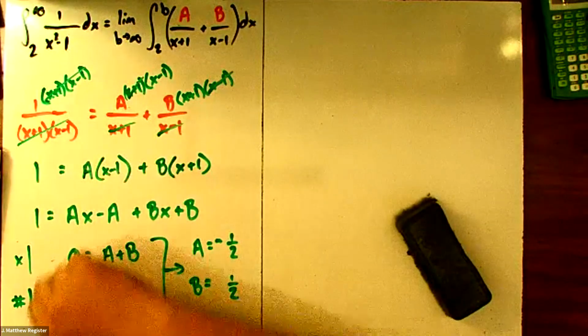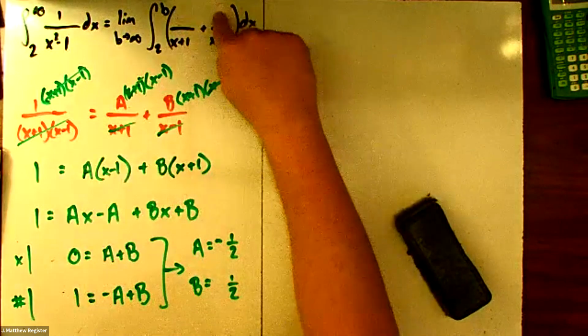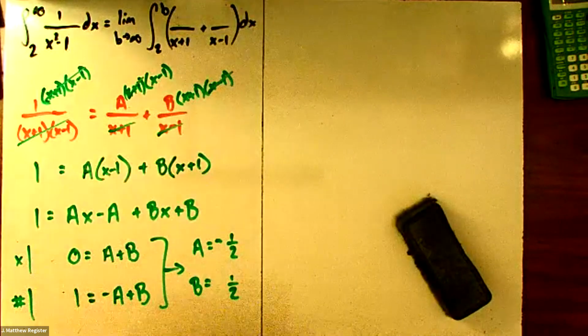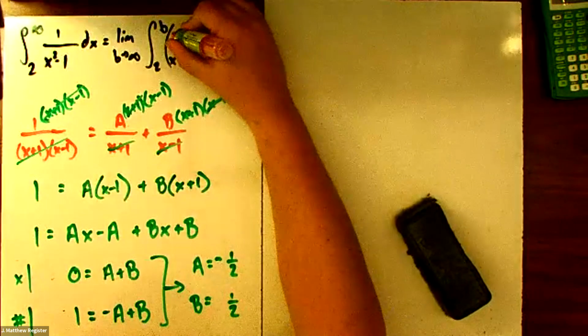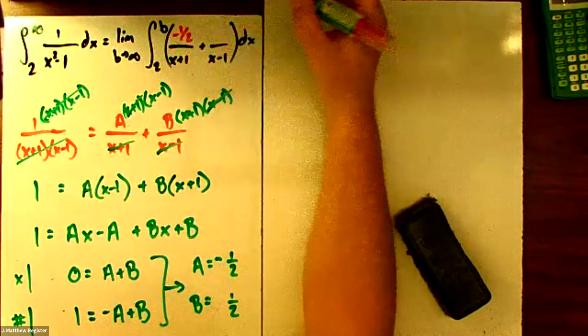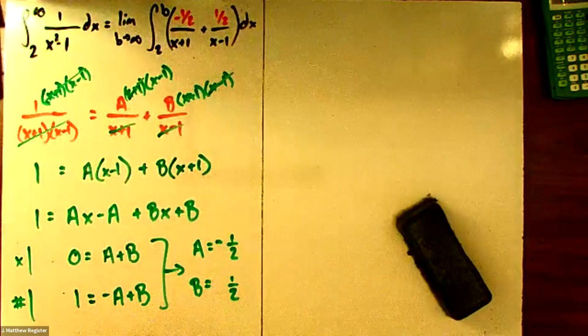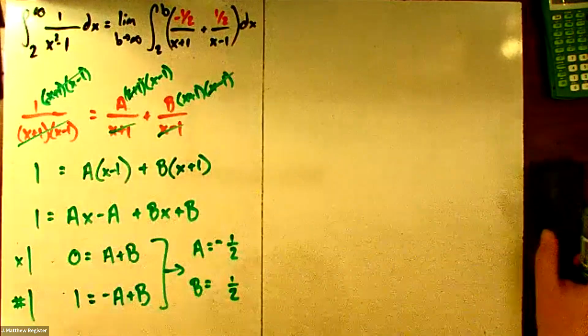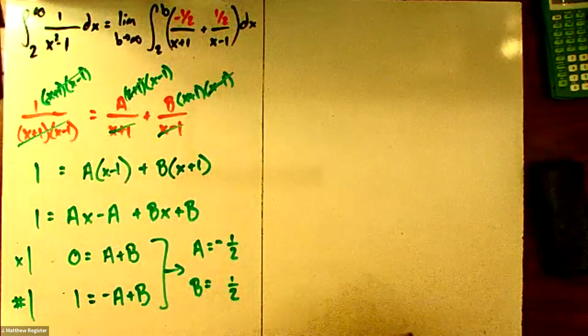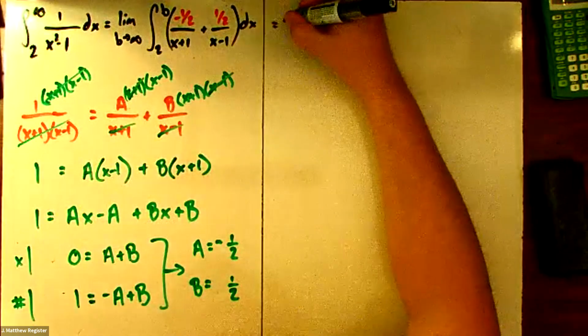And so now that tells us what our a and b values are. Our a value is negative 1/2, and our b value is positive 1/2. So we go through that whole process so that we can now finish this up.